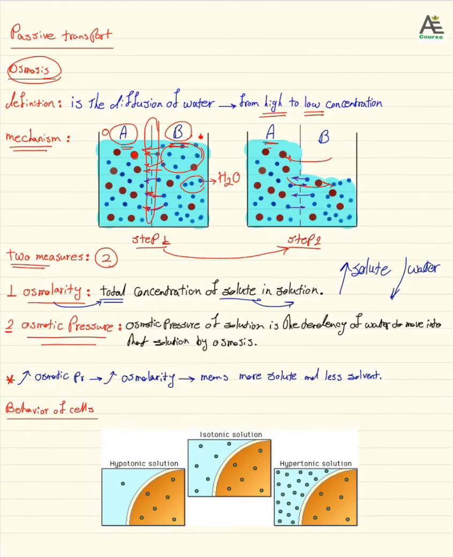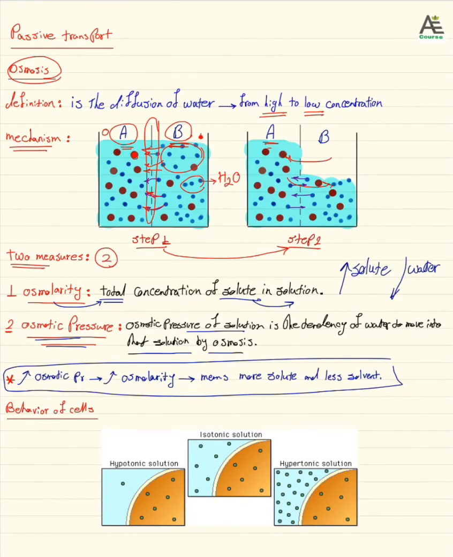And also, there is another measure, which is osmotic pressure. Osmotic pressure of a solution is the tendency of water to move into that solution by osmosis. And there is a relation between osmotic pressure and osmolarity. If you have higher osmotic pressure, it means you have higher osmolarity.